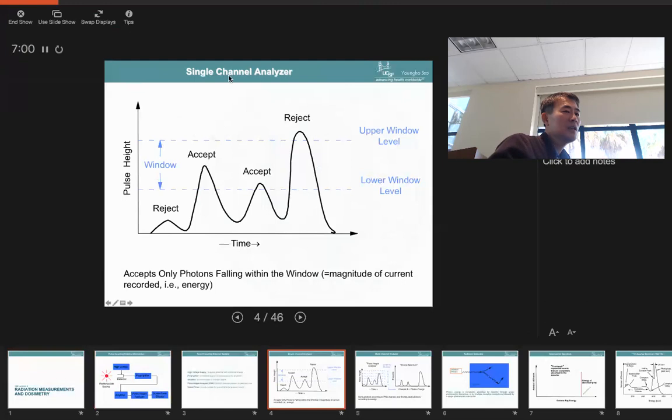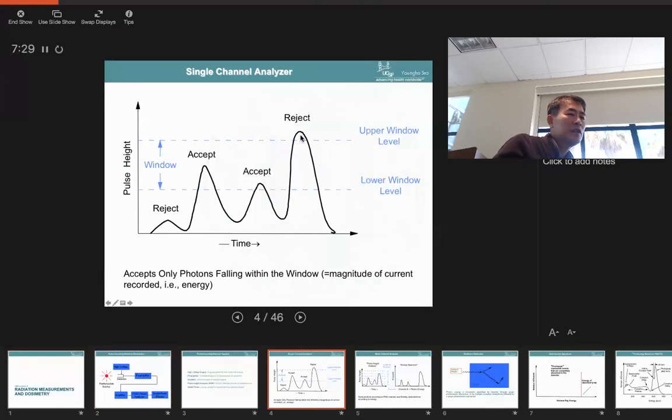So in this single channel analyzer, in this diagram, we are only collecting the pulses with the magnitude within the window of this channel. So if pulse height is between this upper energy window and lower energy window, like this signal, this pulse, for that pulse, it will be accepted as signal.